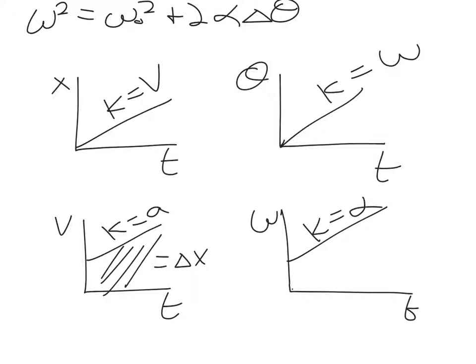The slope would be how fast it's accelerating. And the area underneath it would be equal to the change in angular position. So a lot of parallels to our very first unit. All right, so we'll go forward. There'll be another video on how to solve these things, but this is the general idea of how to deal with rotating objects.